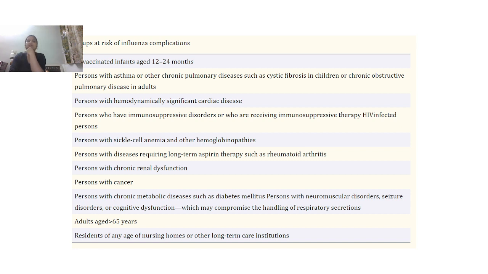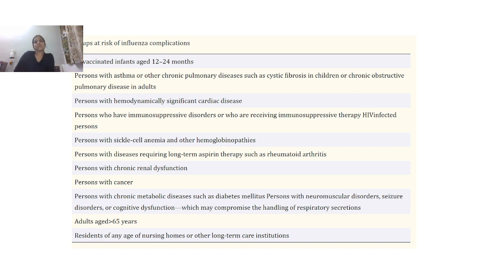Then people with sickle cell anemia and other hemoglobinopathies, where there is a problem with the formation of the red blood cell or hemoglobin, are also susceptible. Then people with disease which requires long-term aspirin therapy, such as rheumatoid arthritis, are also susceptible.